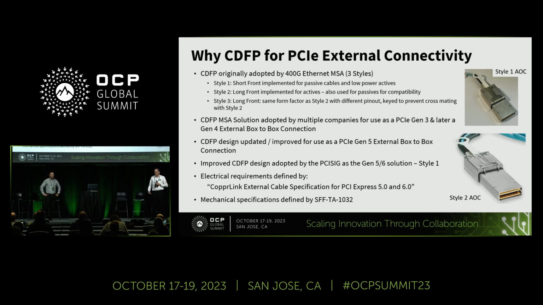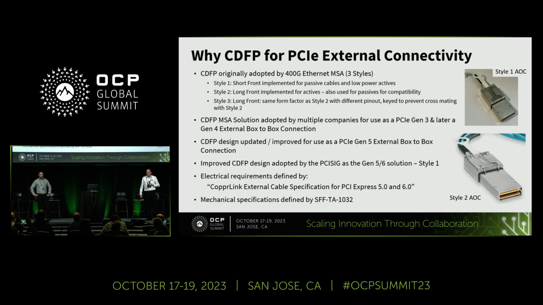And for Gen 3, Gen 4, as the industry moved more towards Gen 5 and higher speeds, improvements were made to both the connector and the cable, and that became the basis for what was chosen for PCIe external cable.